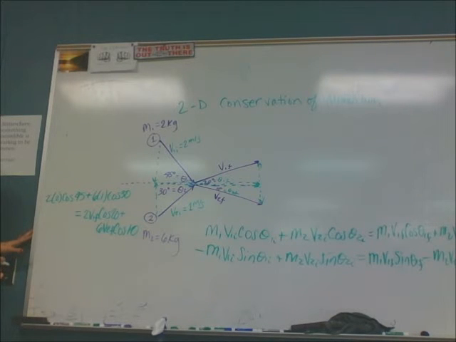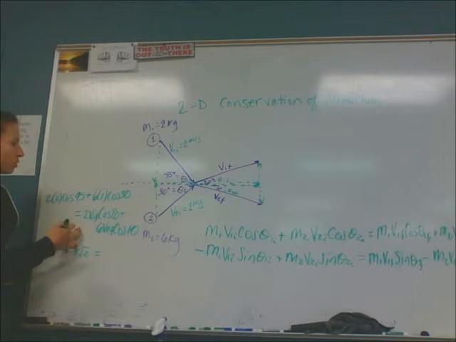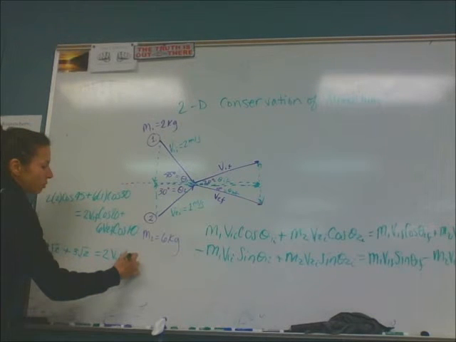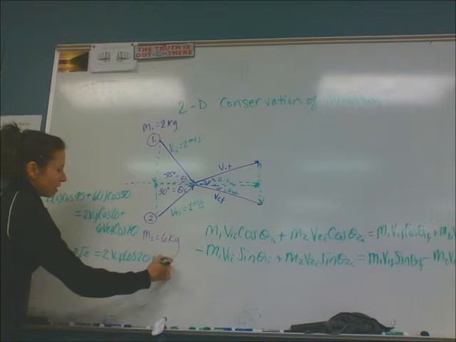So it's 3 square root of 2 equals 2 V1f cosine 10 plus 6 V2 final cosine of 10, which I also don't know. So this is one equation. Oh, and nice. This actually turns into 5 square root of 2. Perfect.